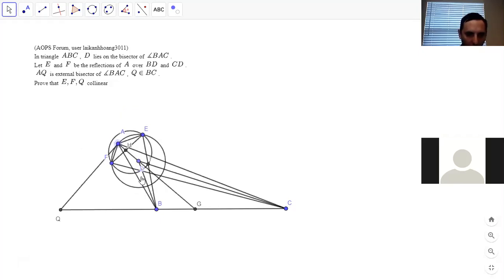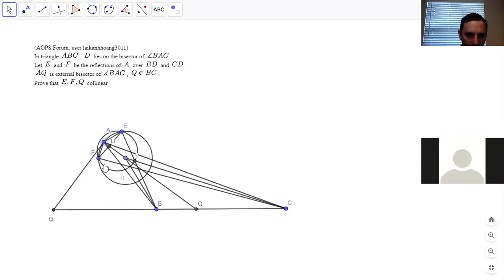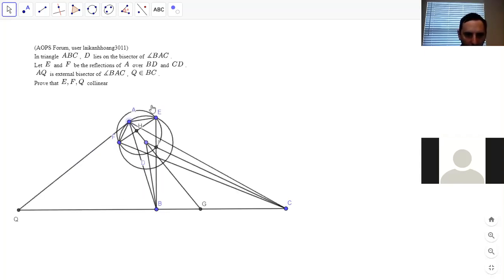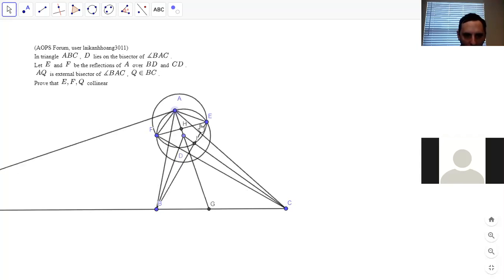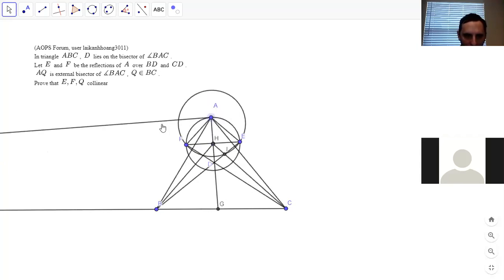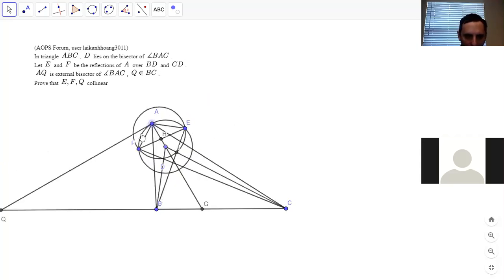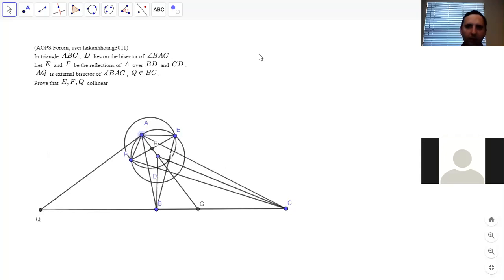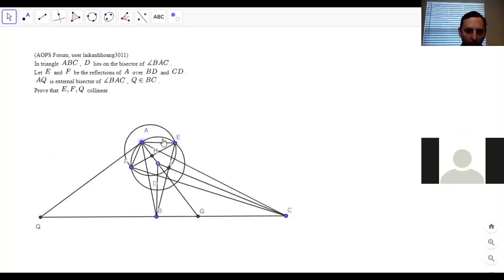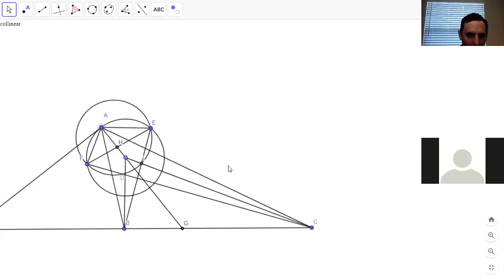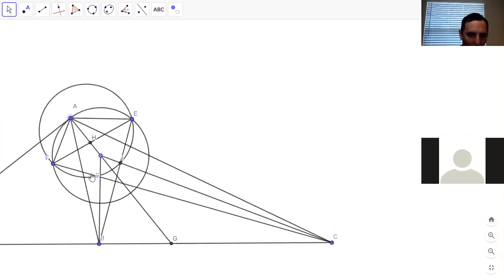No, because, but wait, I don't think this intersects on the circle, right? Oh, maybe it does. You think that intersects on the circle? See, it doesn't, because if you zoom in a little bit more, yeah, it doesn't.